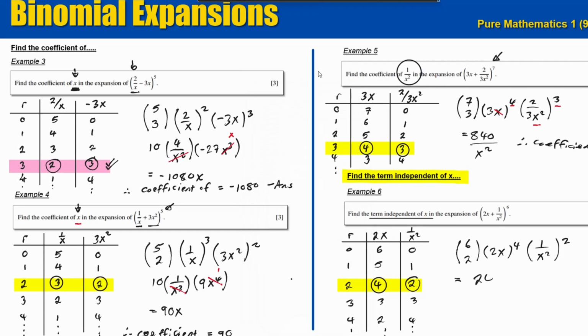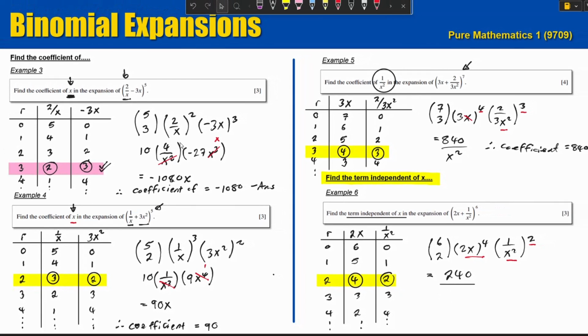So we're getting 240 here, and you can see the powers cancel out. x to the power 4 over x squared, which is x to the power 4, so x to the power 4 divided by x to the power 4, we get 1. So this term is what we'll now be having as a term independent of x. So 240 is the answer in this particular situation.